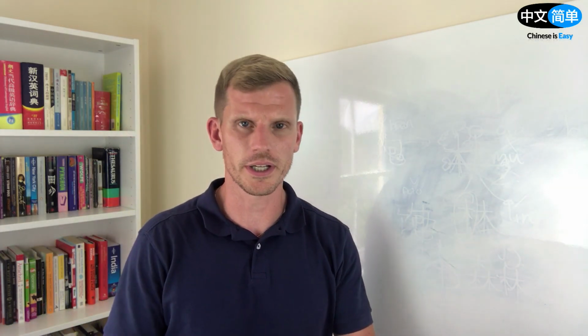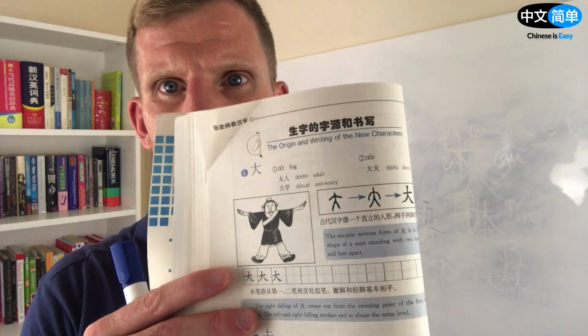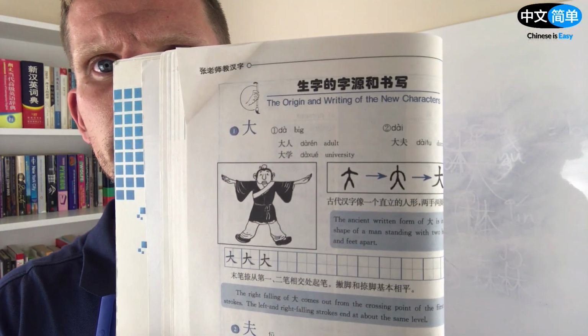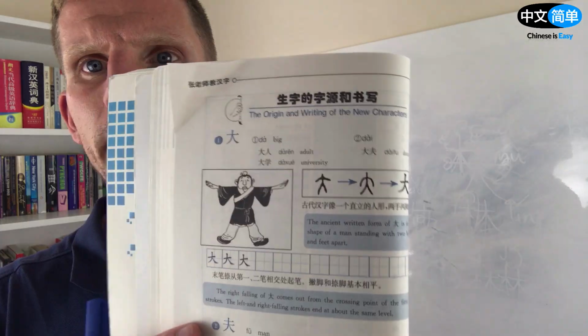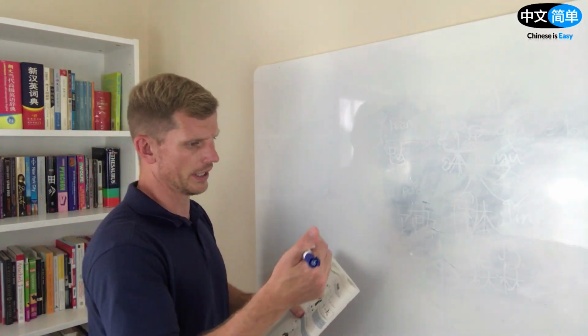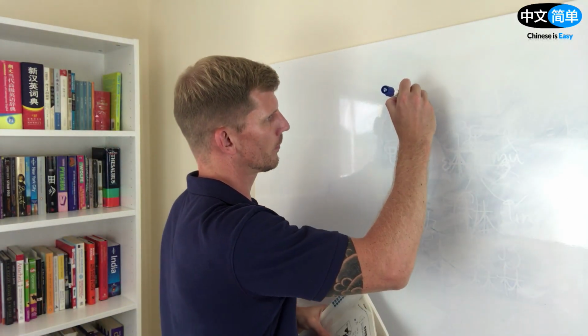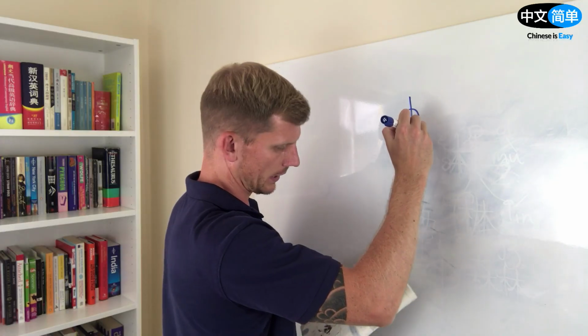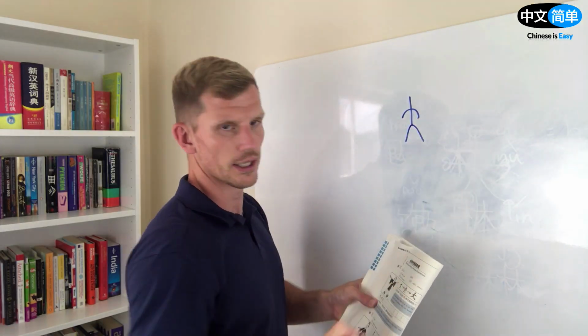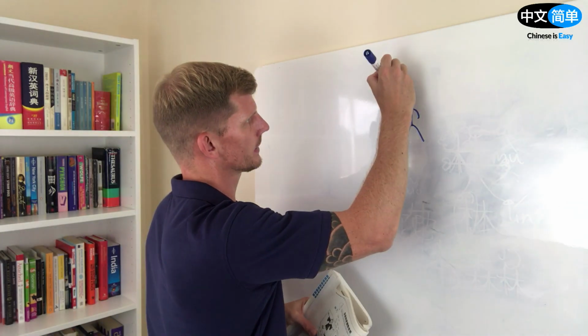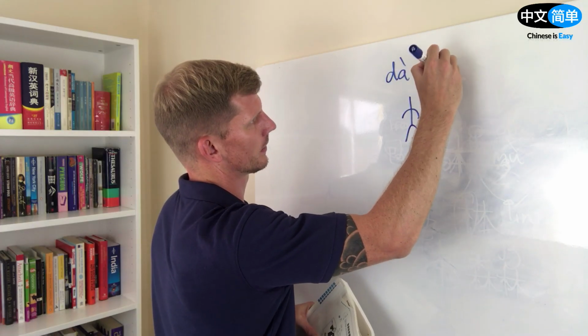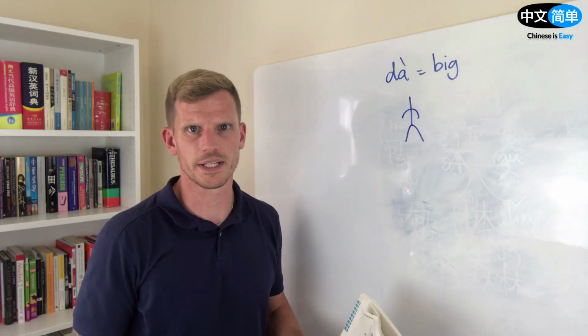So if we take a little look at this one, you can see the character Da, meaning big. And you can see here how it's evolved from a guy like this, okay? Now this is Da, meaning big.